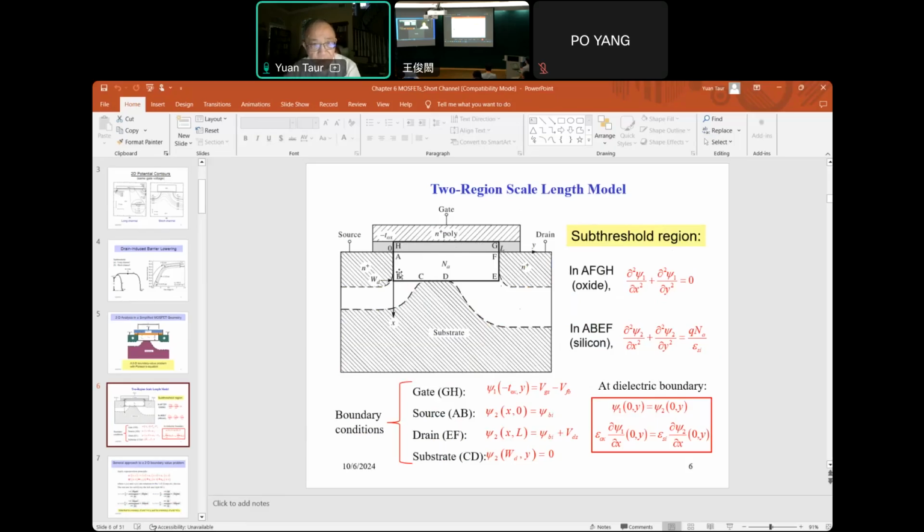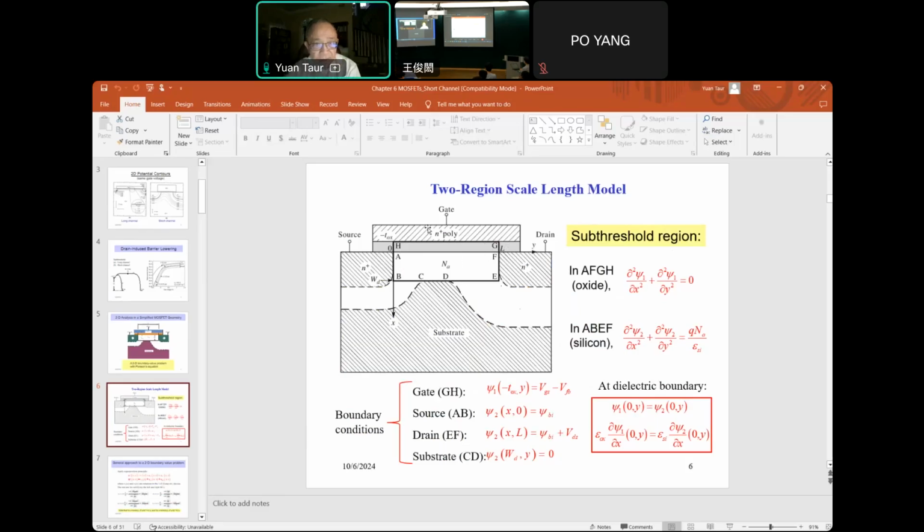Also, we choose the origin to be point A. That's at the silicon surface or silicon-oxide interface on the source side. And X goes vertically, and Y goes in the source-drain direction.